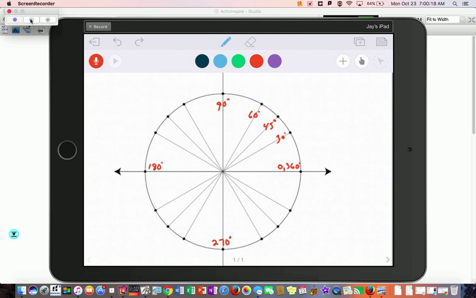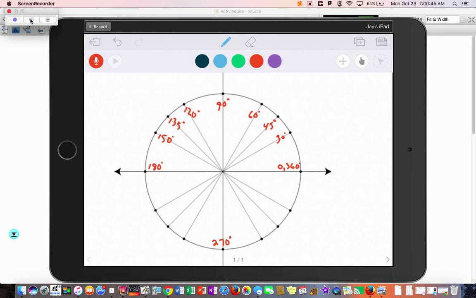Even though we say it's 30, we call it 150 degrees, because it's 30 from the x-axis. This would be 135 degrees, 30 from the x-axis, and this would be 120 degrees, 60 degrees from the x-axis.